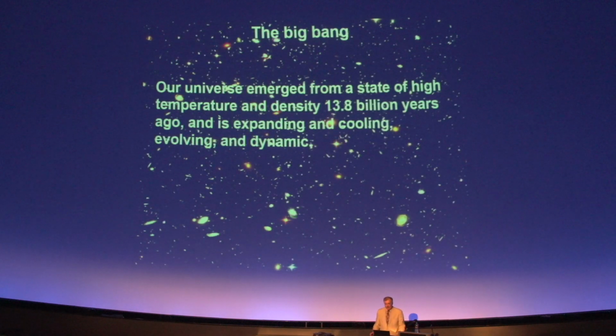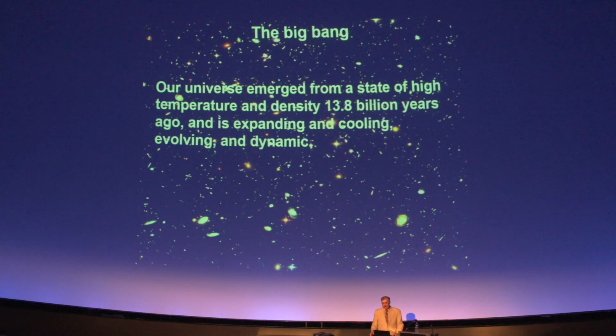So our modern view of the universe is the Big Bang. And I can just summarize it, the idea that our universe emerged from a state of high temperature and density 13.8 billion years ago last Tuesday. And today, for the last 13.8 billion years, has been expanding and cooling. The universe is dynamic and evolving.